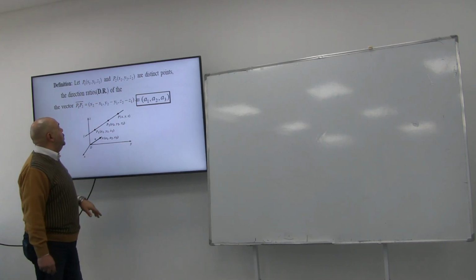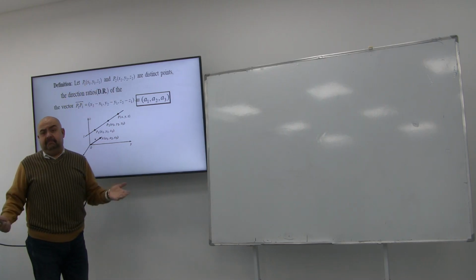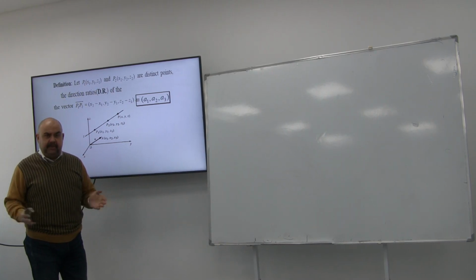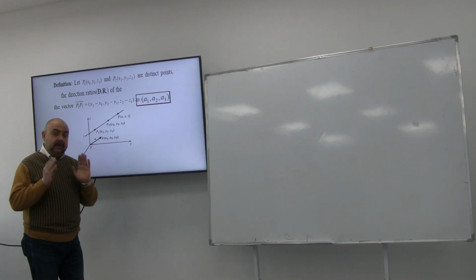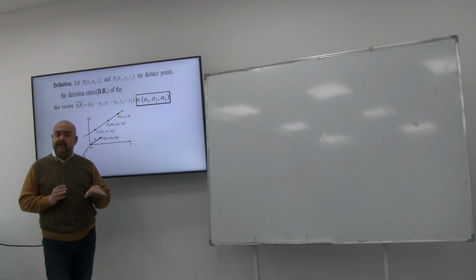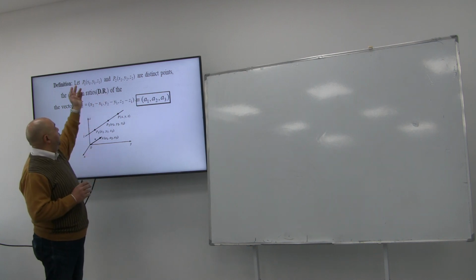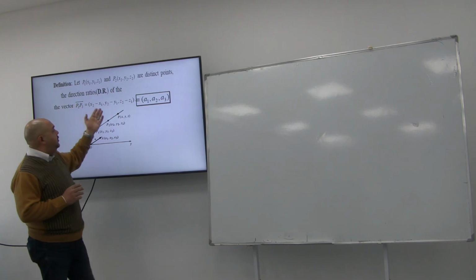Some students will say, what if I take x1 minus x2, for example? It's not going to make a difference, but the main issue is, once you start dealing with the first coordinate, you will have to finish the remaining coordinates with the same formula. If I said x2 minus x1, y2 minus y1, z2 minus z1, I will have the 3 components.